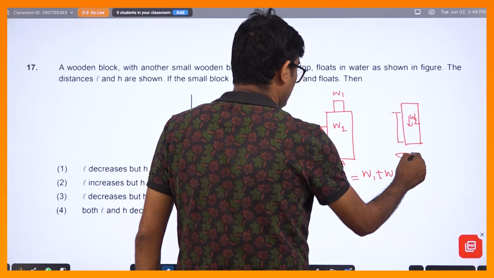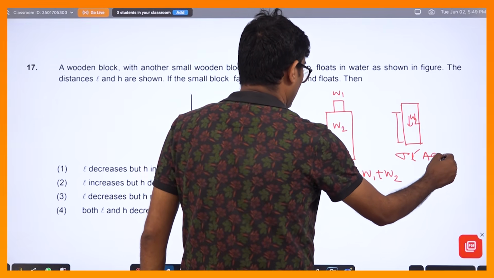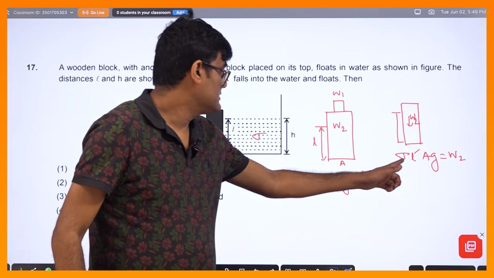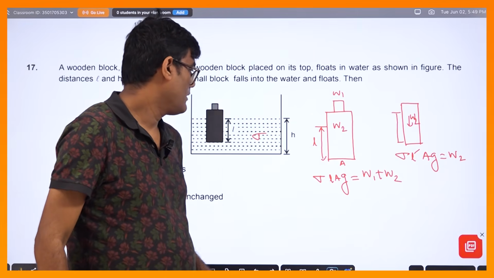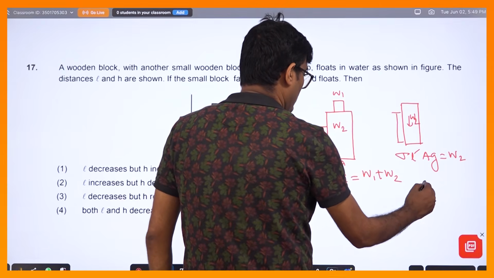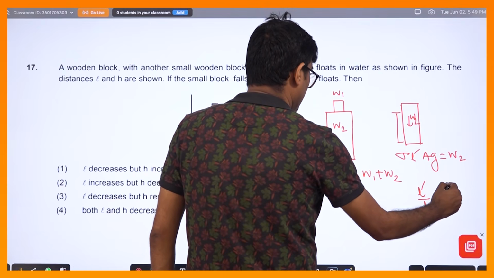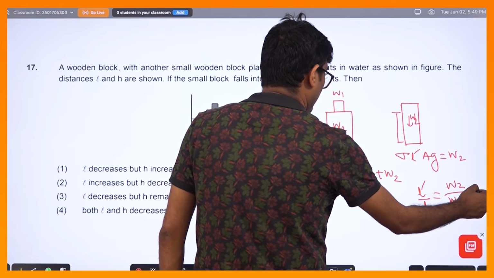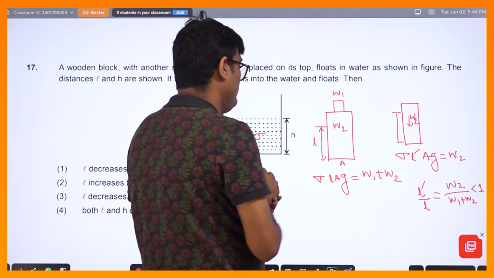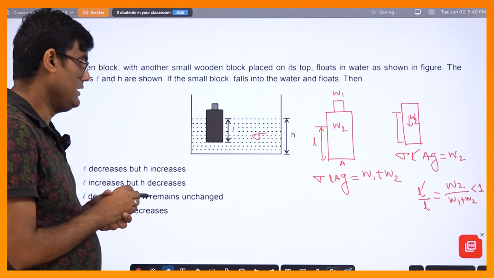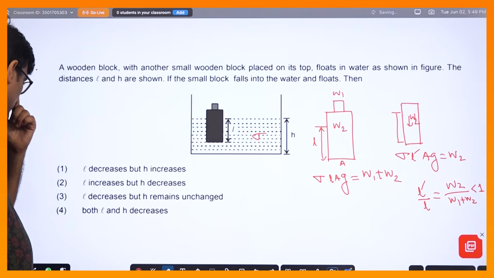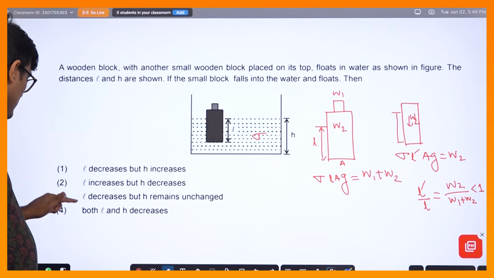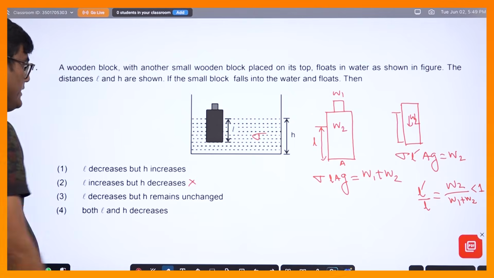So if I say σL'Ag is equal to W2, then L'/L is equal to W2 by W1 plus W2, and it is less than 1. So L' is less than L. So L decreases. Option B is not the correct choice, right? L decreases.